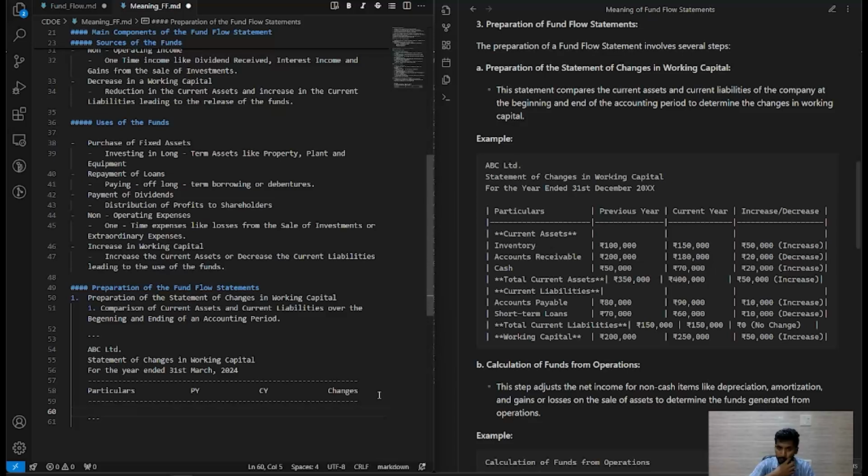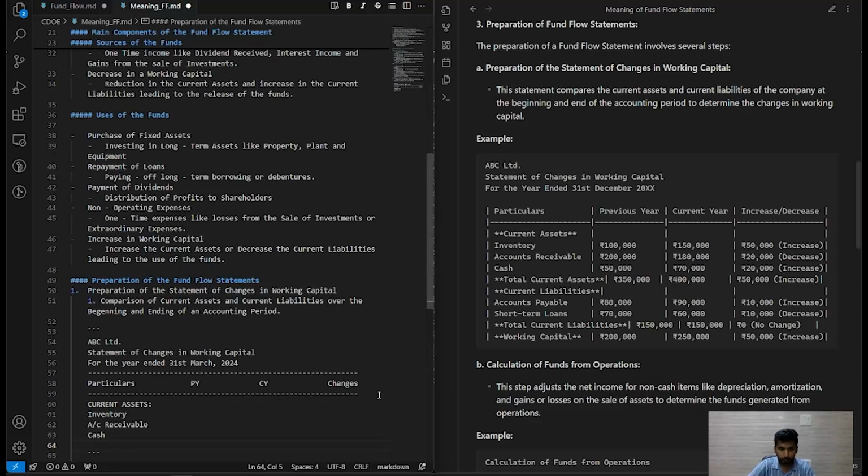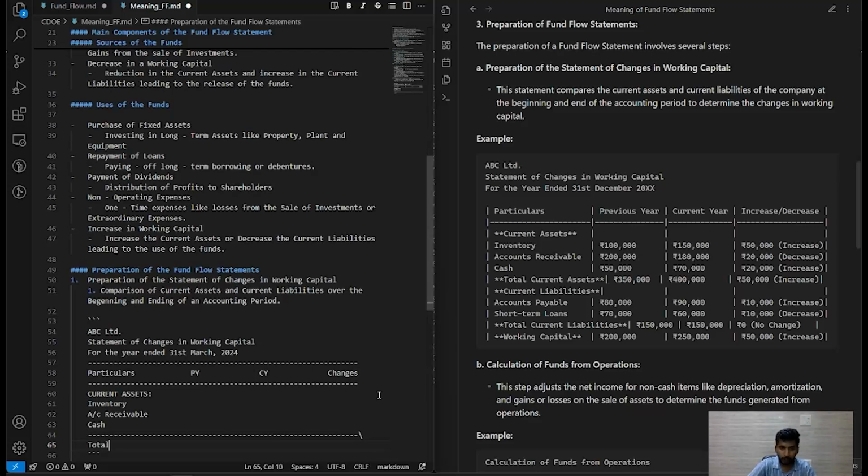Now we'll put in the values. First of all, the current assets. The current assets will include the inventory, the accounts receivable, and the cash. So, the total current assets.